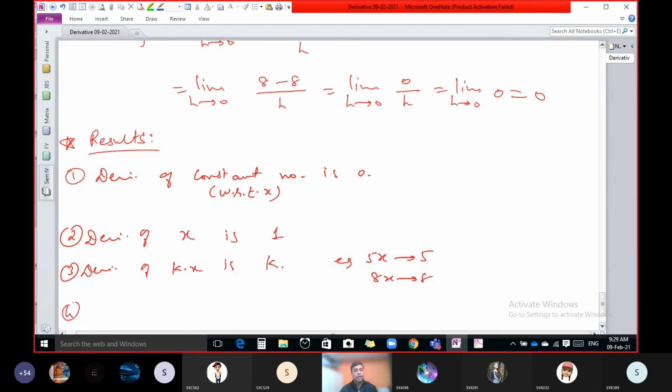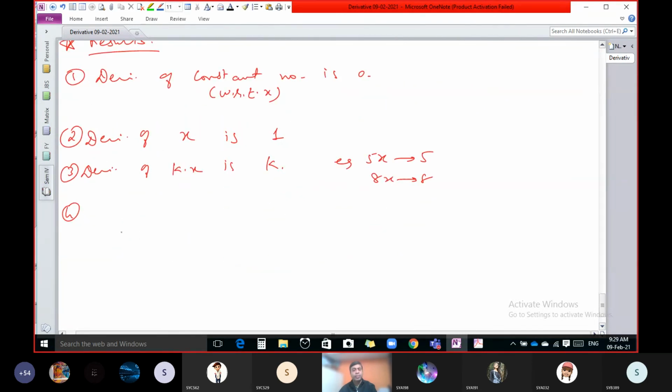Fourth, derivative of x raised to n is n into x raised to n minus 1. Example, derivative of x raised to 10 is 10 into x raised to 9. Derivative of x raised to 5 is 5 into x raised to 4.